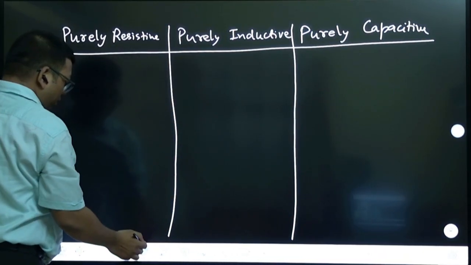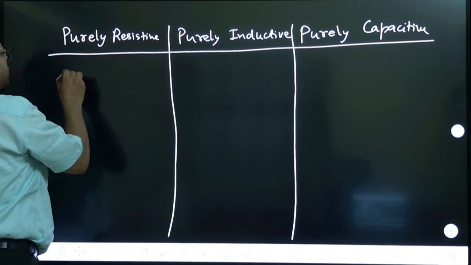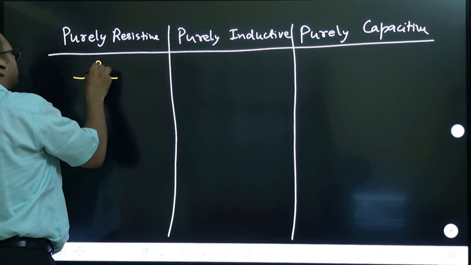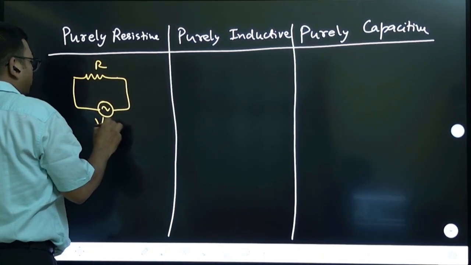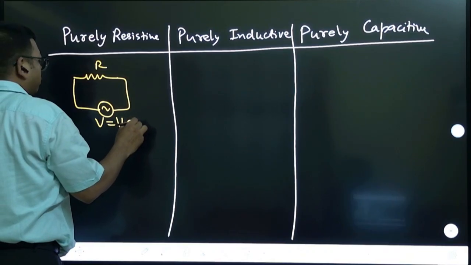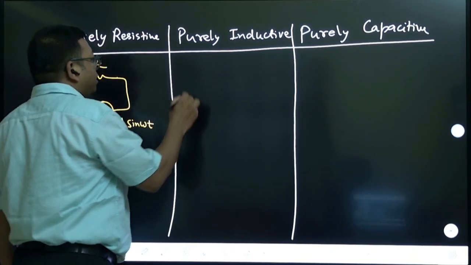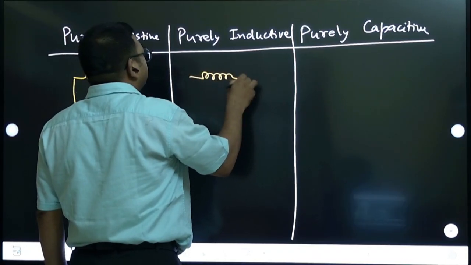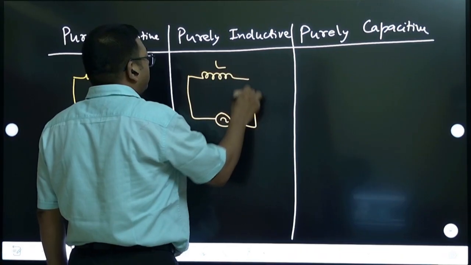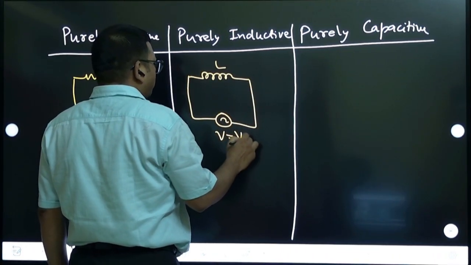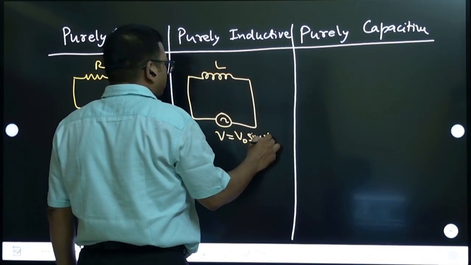So in purely resistive, what happens? There is a resistor R connected with an AC source, V equal to V naught sine omega t. Similarly, purely inductive, there is an inductor connected with an AC signal, V equal to V naught sine omega t.